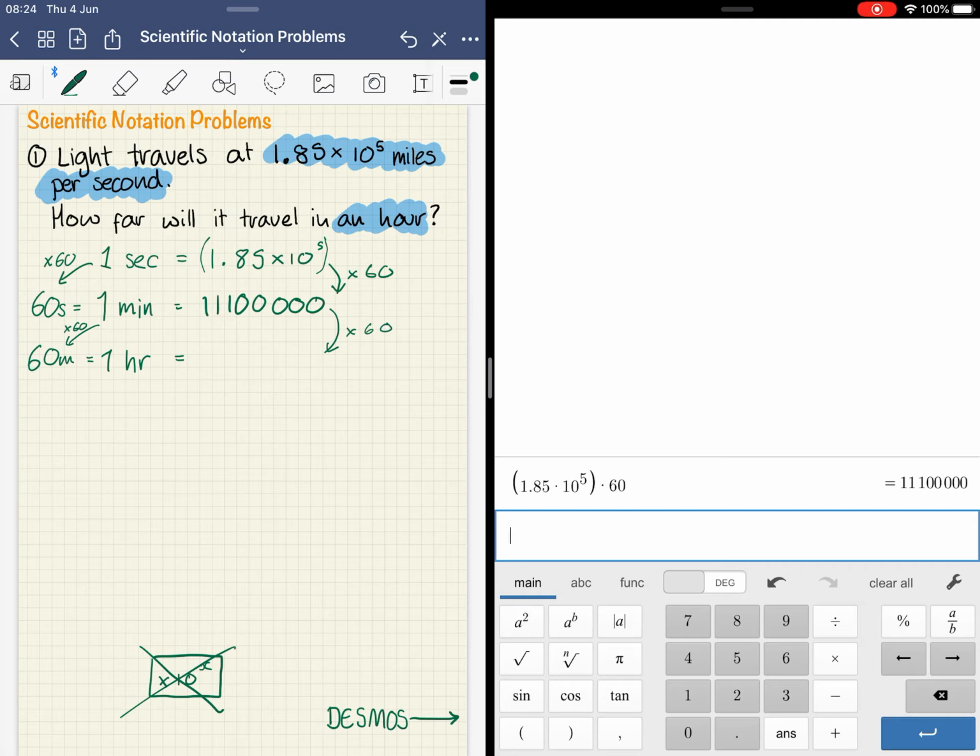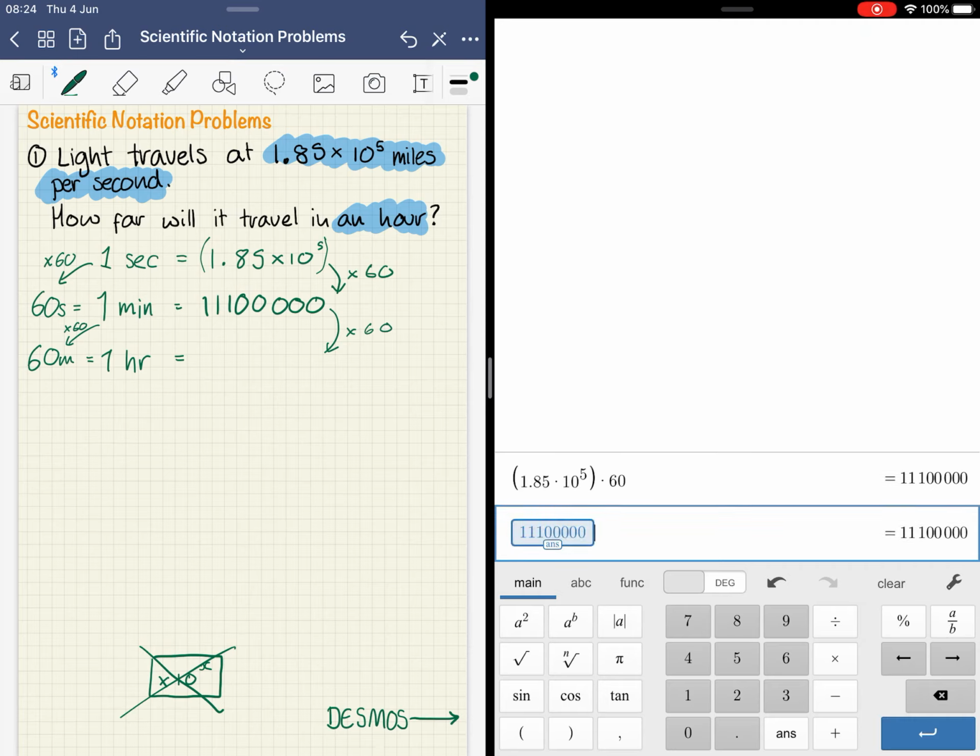So hit enter there. So that's remembered my previous answer. So I press answer times 60. So it's going to be 666 million.